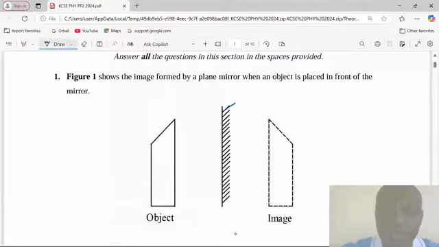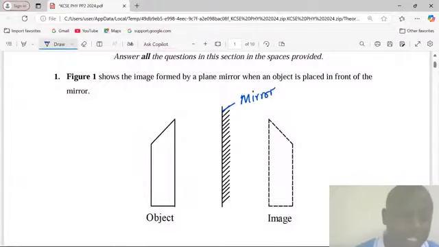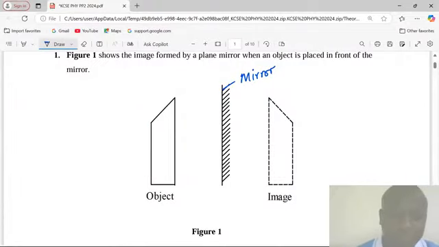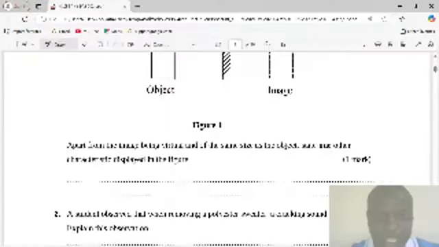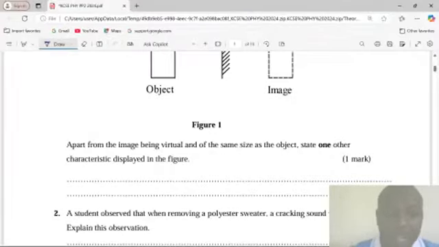This one is the mirror. Then we can see the object and the image formed. Apart from being virtual and of the same size as the object, state other characteristics displayed in the figure.